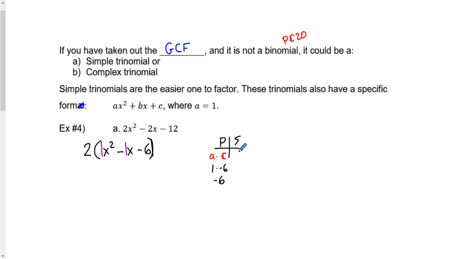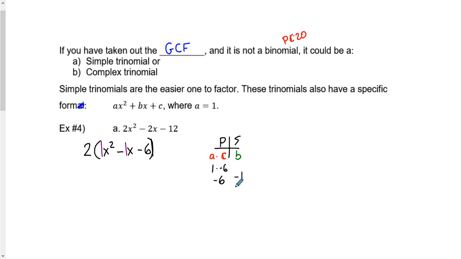Our sum is going to be our b value. In this case, negative 1. So what we need to do is look for 2 numbers that give us a product of negative 6 and a sum of negative 1.